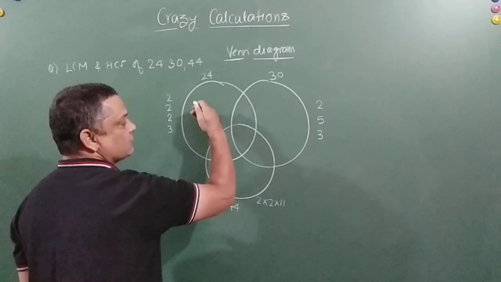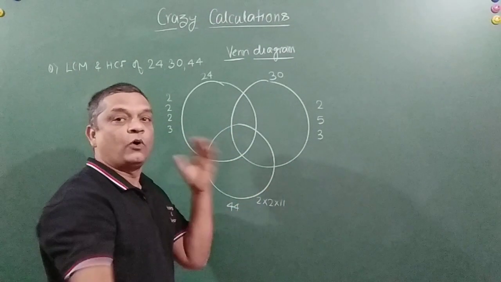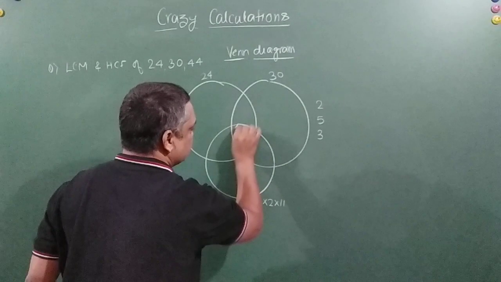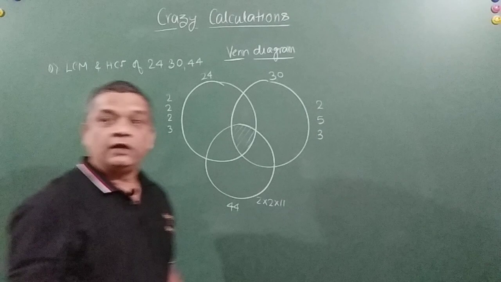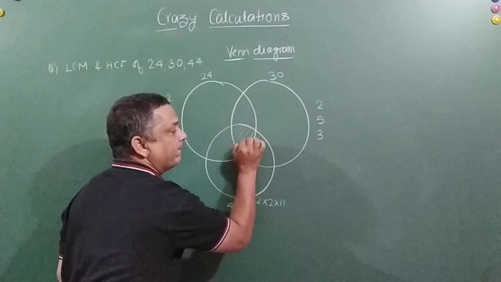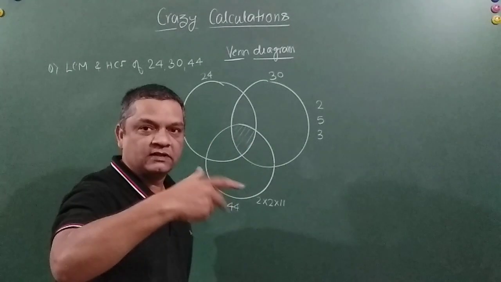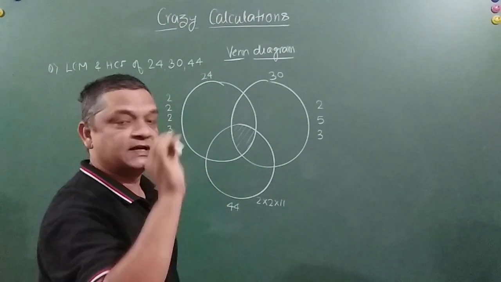And there is an intersection of these two sets also, which is this. And there is a common intersection for all three sets, that is this, right? So your HCF will be the numbers lying in this area, which is common to all. The product of the factors which are common to all will be the HCF.